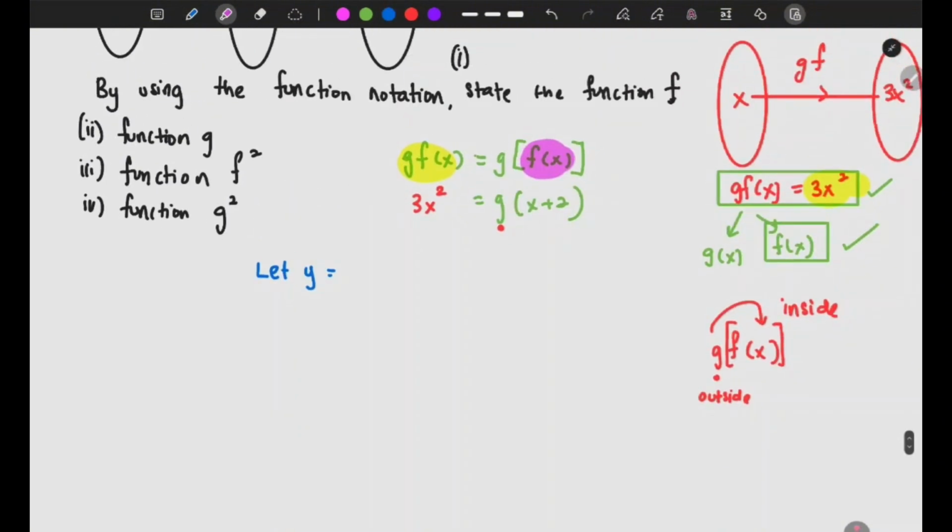Always the same way of working, no different, same method. So you let y equals x plus 2. And here you find your x. So you move, you get x equals y minus 2. You start with single y and with single x. Now you find your x already, right?